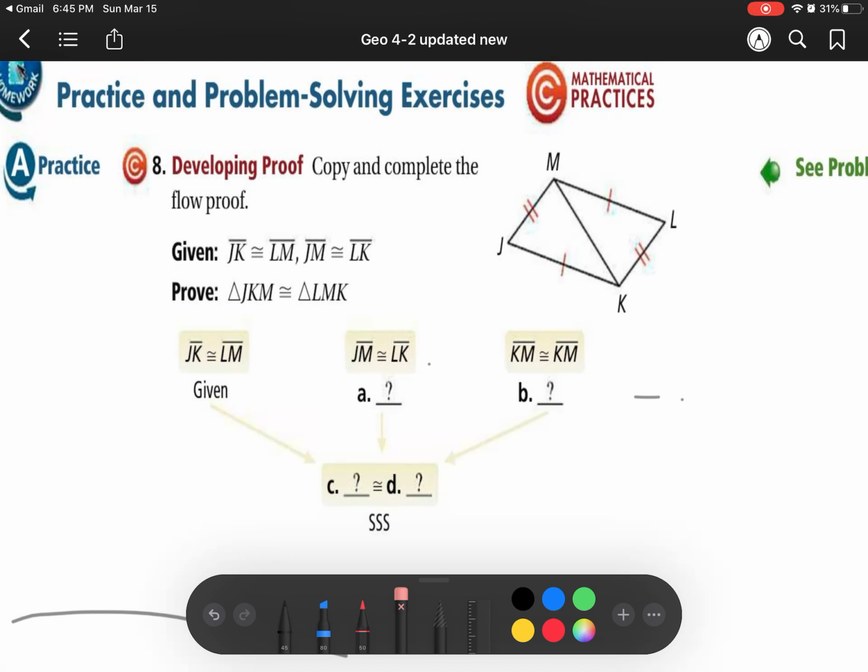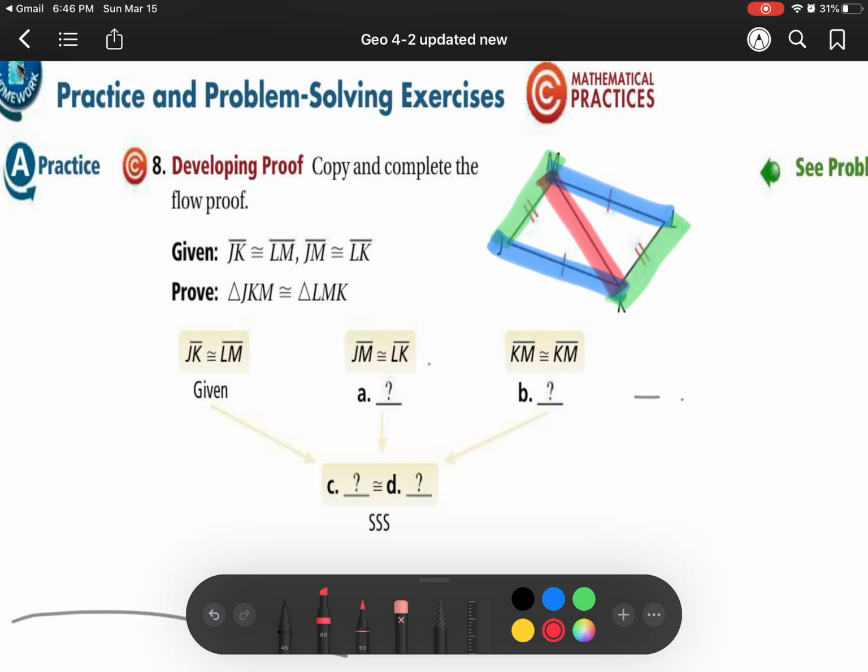He gave me that JK is congruent with LM, and he gave me that KL is congruent with JM.